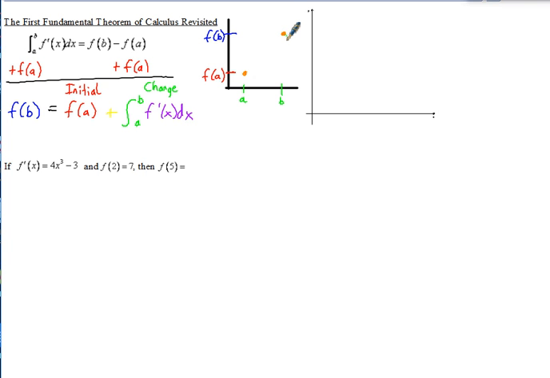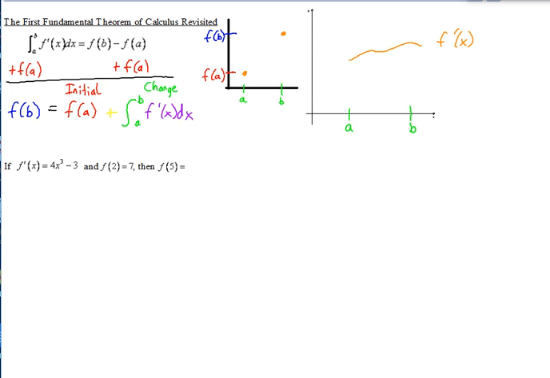Or another way of thinking about that, let's say this is the graph of the original function. Let's say the graph of our derivative looks like, say that, on the interval from a to b.